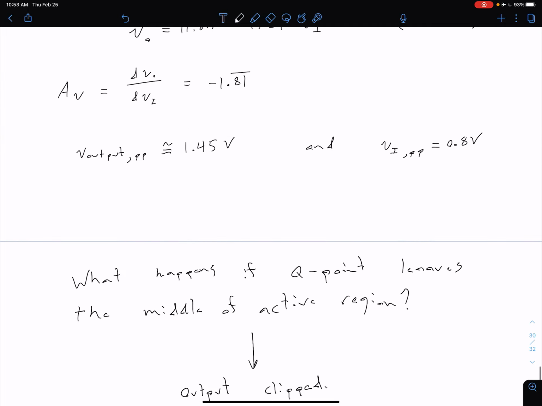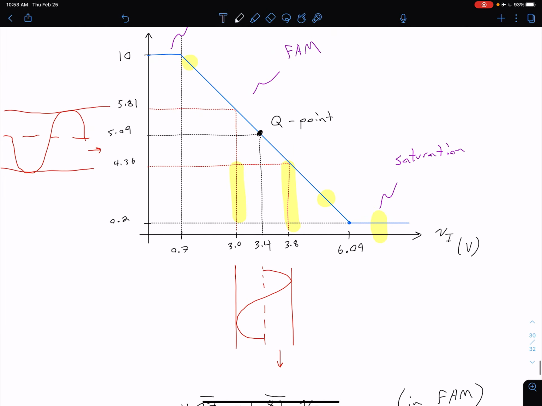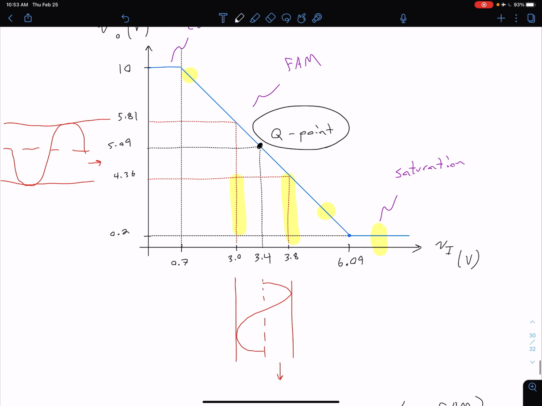And so that brings up the importance of why we want to have this Q point at a certain spot. Because we potentially are going to have our output being clipped or distorted, it's very important to be able to bias our transistor in the right space.